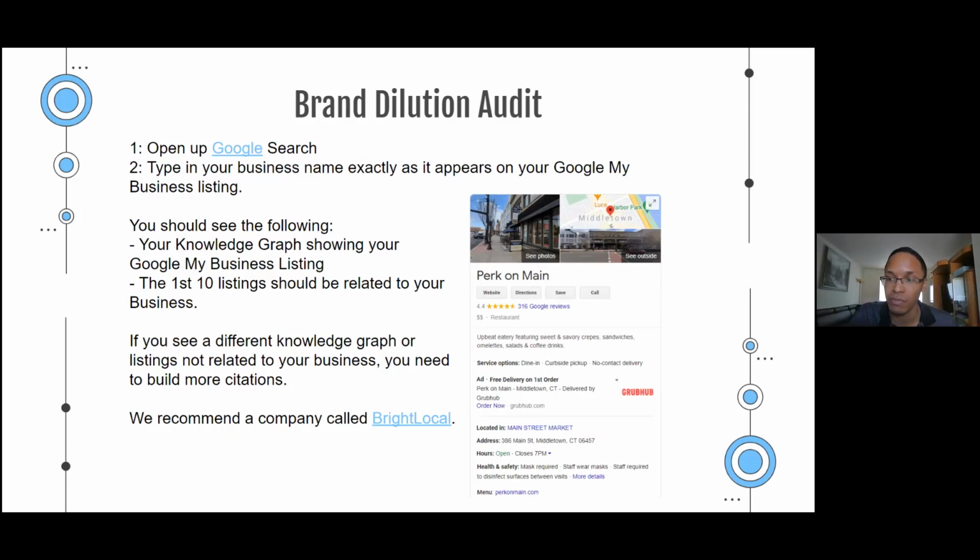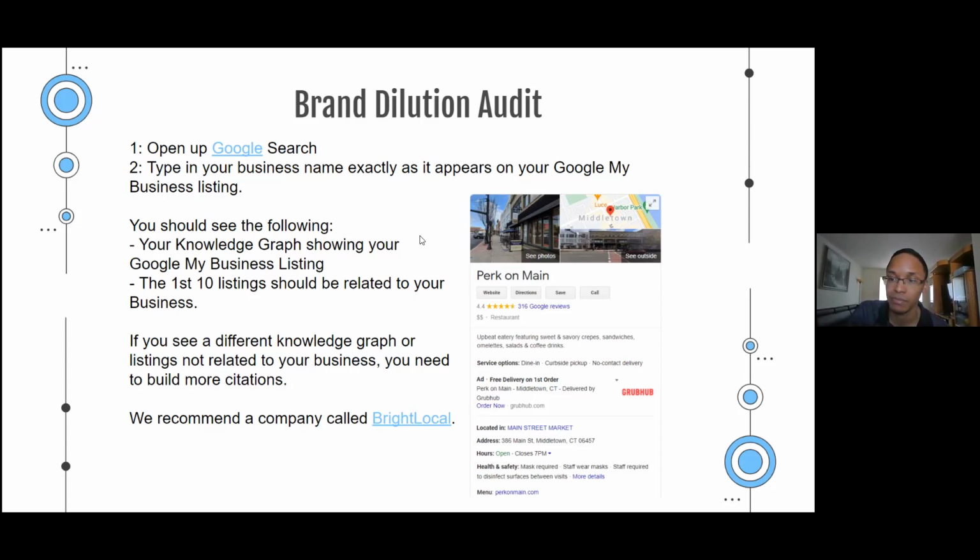If I don't, that means I have an issue with the strength of my brand on Google, because Google is getting confused with maybe a different Perk on Main, or maybe Dogs on Main. It's not clicking with Google yet, and you need to make more listings showing Google, hey, Perk on Main is here at this address. Here is our Yellow Pages. Here is our Yelp page. That's all it comes down to: making sure that when you do a brand name search, only you show up.